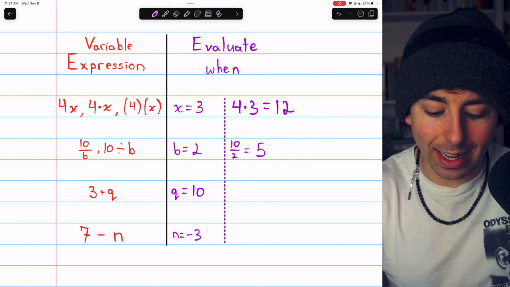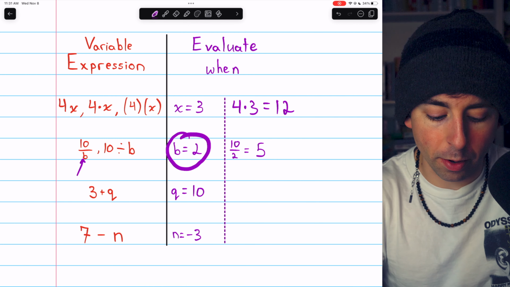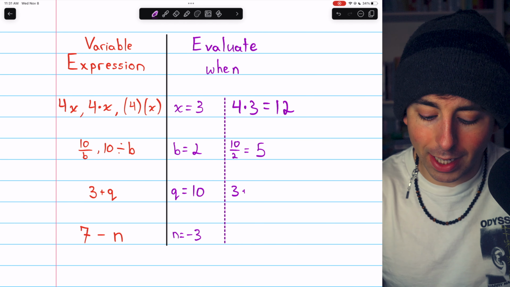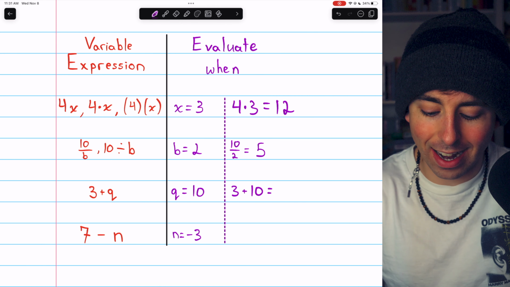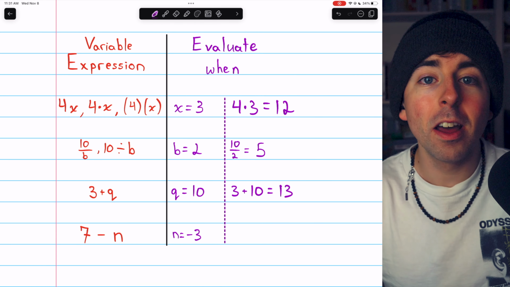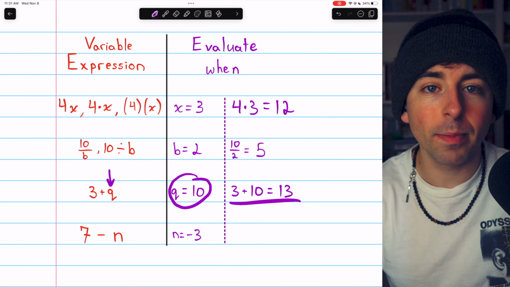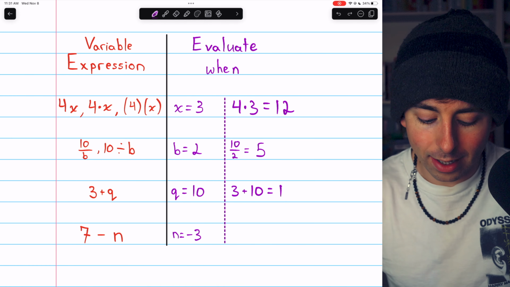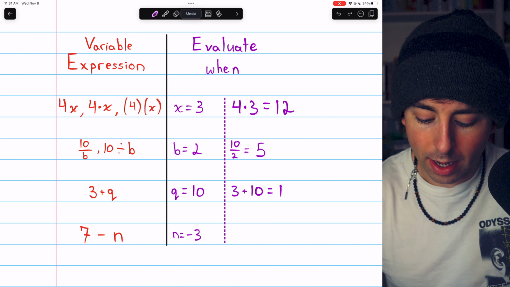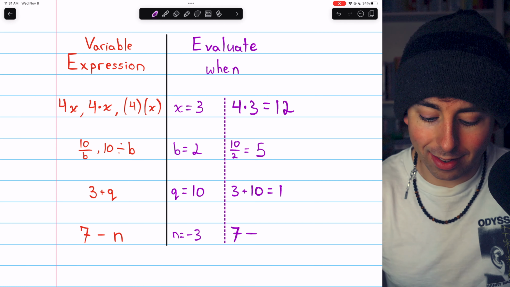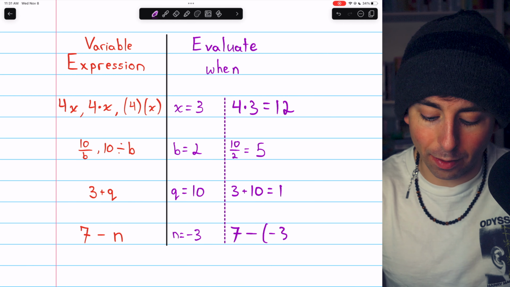Again, we just plug in the value of the variable wherever we see the variable. If q is equal to 10, then 3 plus q is 3 plus 10, which is 13. Plug in the value where you see the variable and then evaluate. In the last example, n is equal to -3. So when we do 7 minus n, we're doing 7 minus -3.